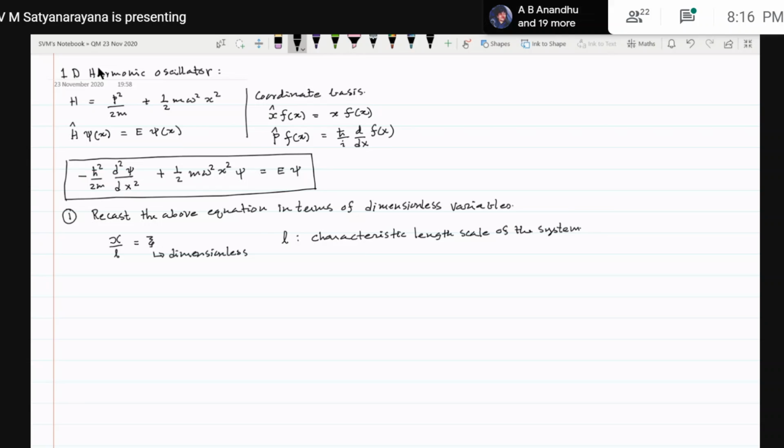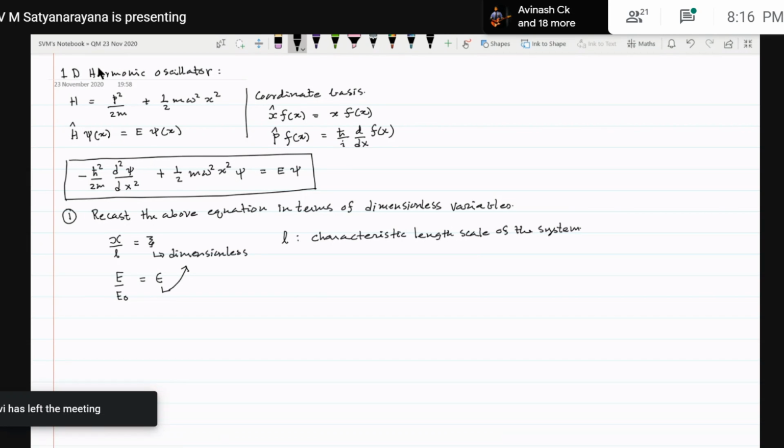And I can also say that I have energy, and let me say that there is also a characteristic energy E naught such that this becomes an epsilon, and this epsilon is also dimensionless. So I want to recast this equation in terms of these dimensionless variables, psi and epsilon. And note here that we don't know what L and E naught are.